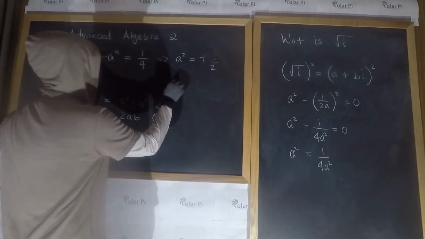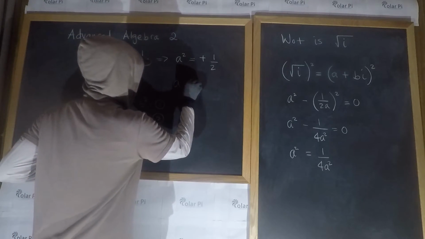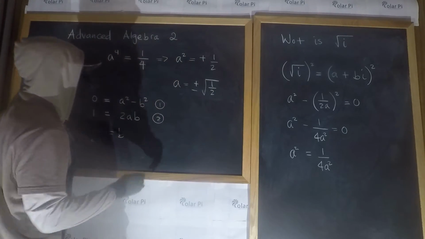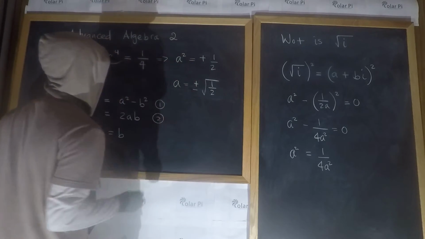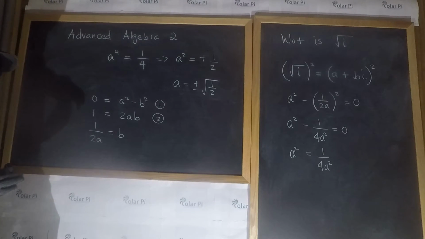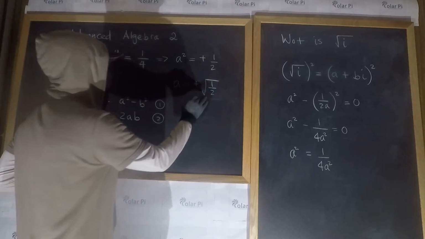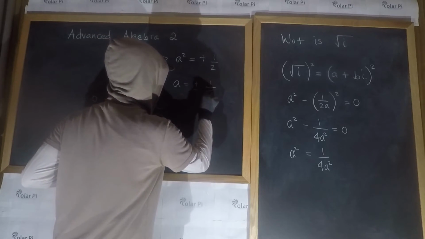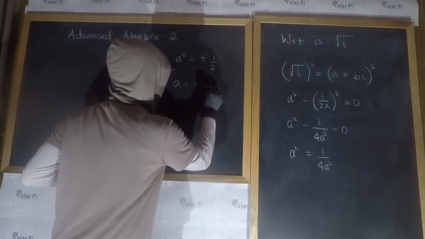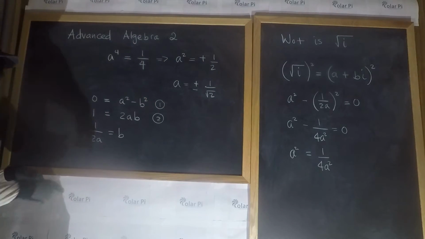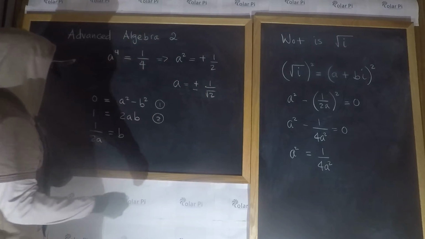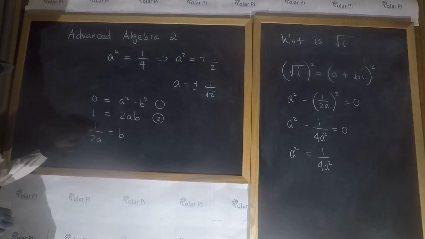So then a will have to be plus or minus the square root of 1/2, and this time we'll need to keep both the plus and the minus. Now, the square root of 1/2 we can write as 1 over root 2, because the square root of 1 is clearly 1. So a has two values, positive 1 over root 2 and negative 1 over root 2.